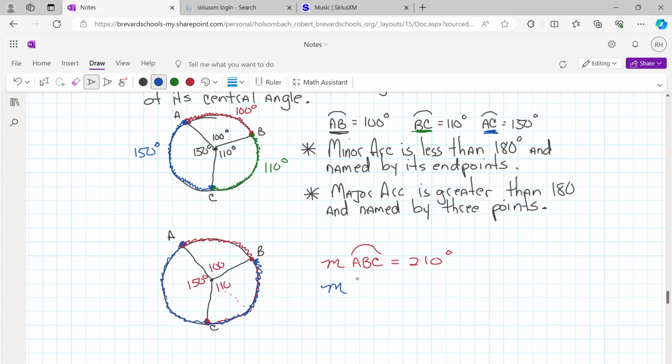We're starting at B, going through C, and ending at A. So that's arc BCA. Arc BCA, since it's made up of two central angles, is the sum of those two central angles. So the 150 plus the 110 is 260.